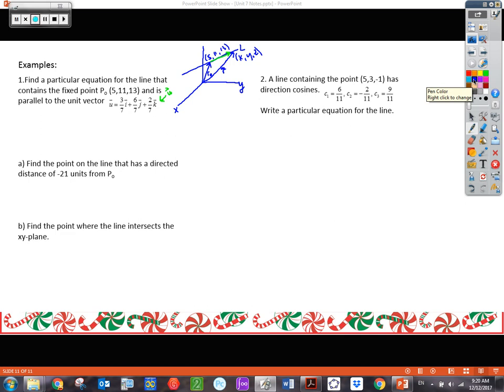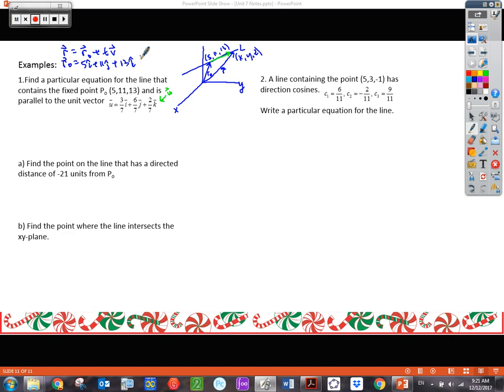So in order to write our vector equation, let's write down our formula. R equals R0 plus t times vector V. That's our vector equation for the line. R0 is the vector that points to our specific point, our fixed point. So R0 is basically 5i plus 11j plus 13k.